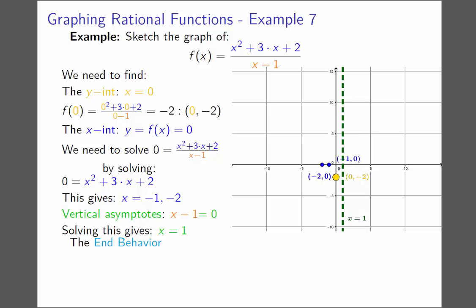Now for the end behavior, we want to know what happens to our function as x goes off to positive or negative infinity. But we saw that since the degree of the numerator is bigger than the degree of the denominator, we need to use our polynomial division. If you'd like to see the steps of this done out, you can click the link to the right now.